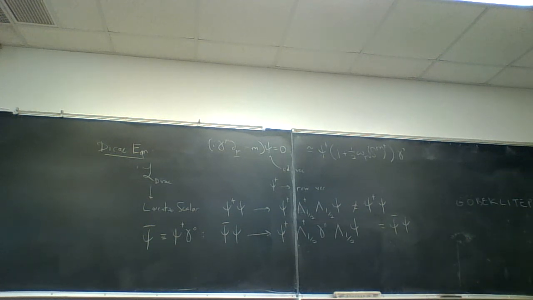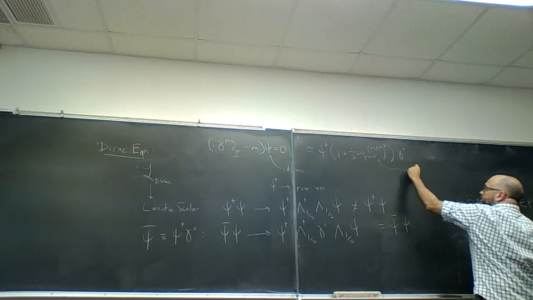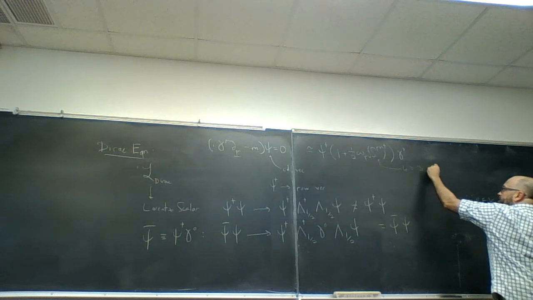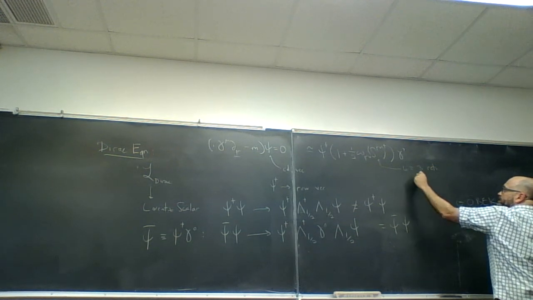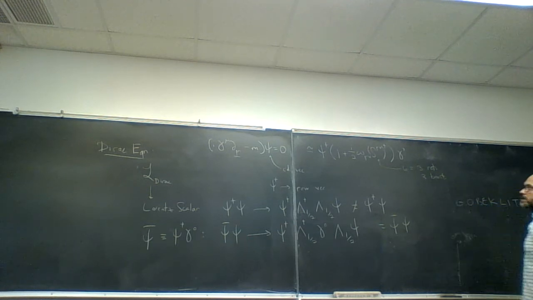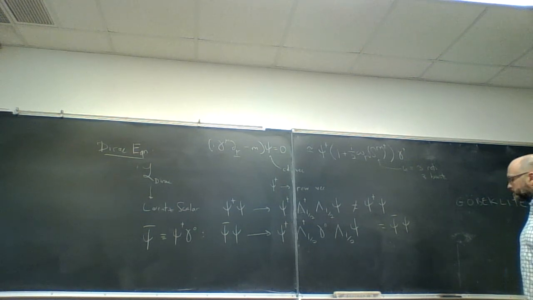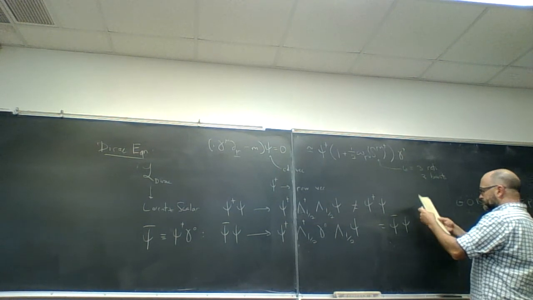So you go back and you look, there are 6 of these generators: 3 rotations and 3 boosts. Let's see what happens when we consider these cases one at a time.